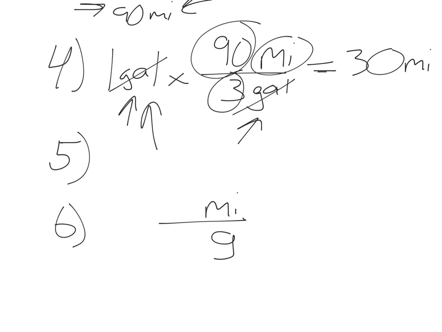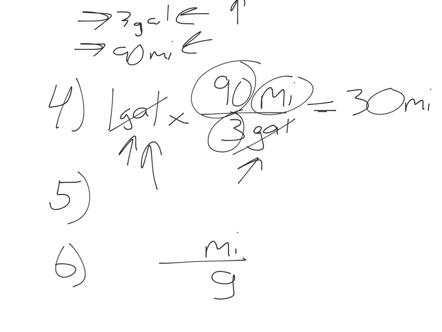Cool. Show the miles per gallon as a fraction. So I need numbers now. Well, I know, here they are, there's my numbers, that 90 miles equals 3 gallons. So if I divide that out, I should get 30 miles per gallon.